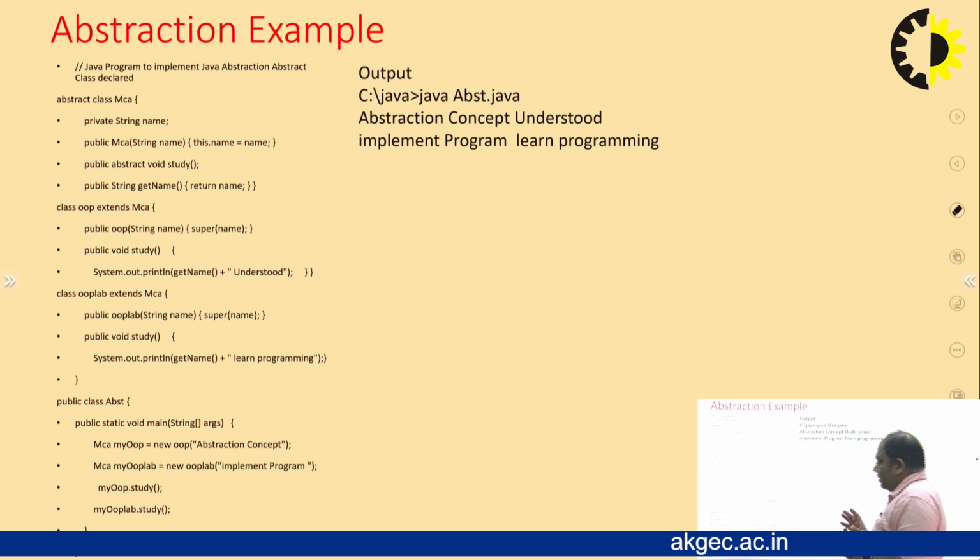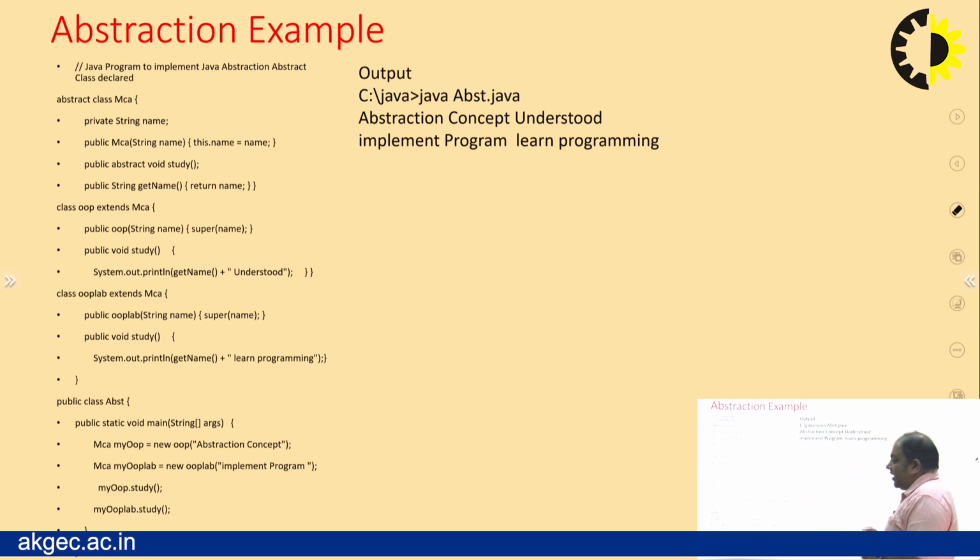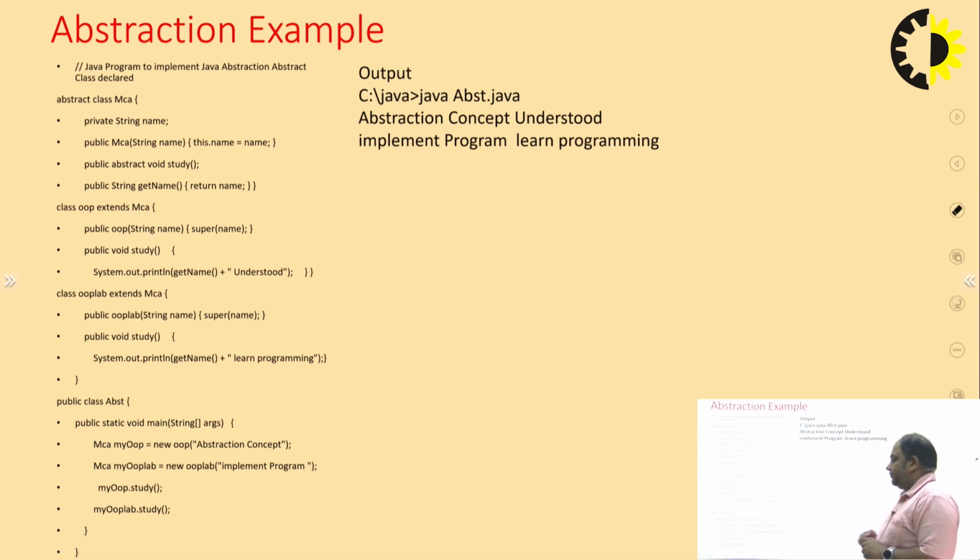that we learn programming. Okay, so we create a main class with any name, and then we create an object of this MCA class for our class OOP and class OOP lab with the names my OOP and my OOPs lab. And what my object in the MCA class, my OOP, shows is what we have understood.